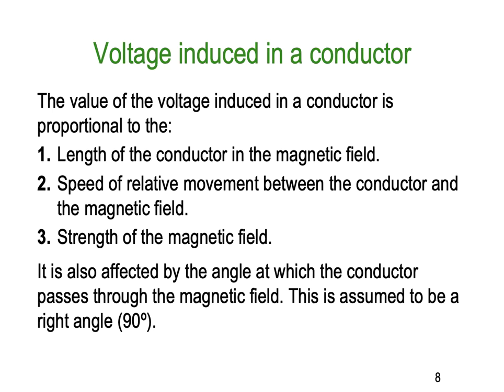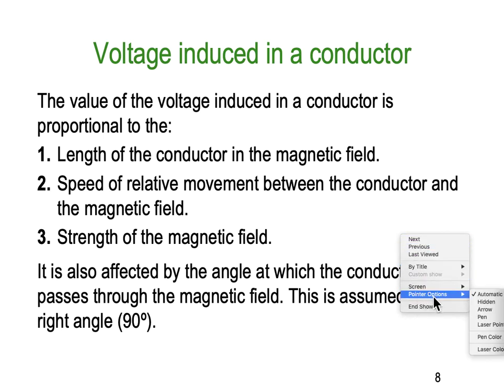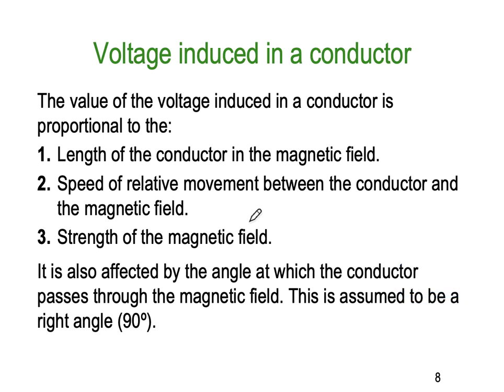It's also affected by the angle at which the conductor passes through the magnetic field. This is assumed to be a right angle at 90 degrees, but with rotating magnetic fields, as you will find out in AC eventually, it's not always the case. So the angle and the speed are interrelated.